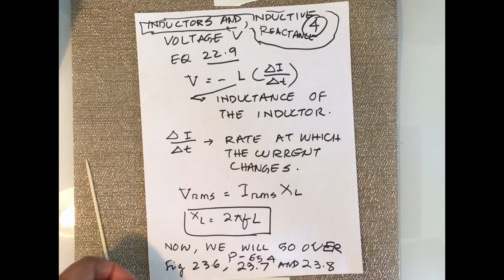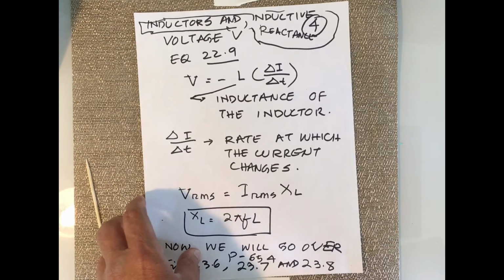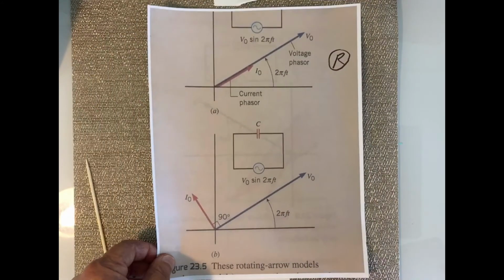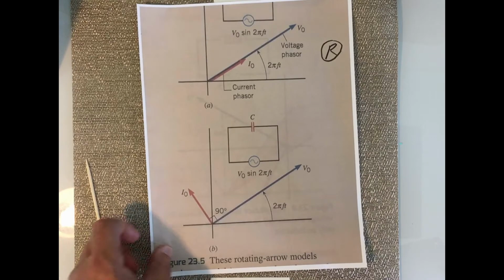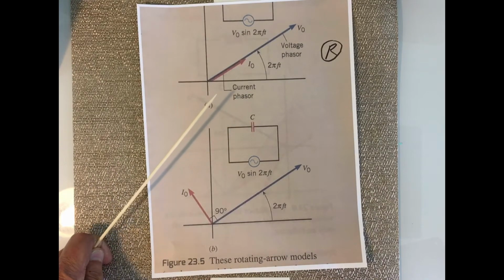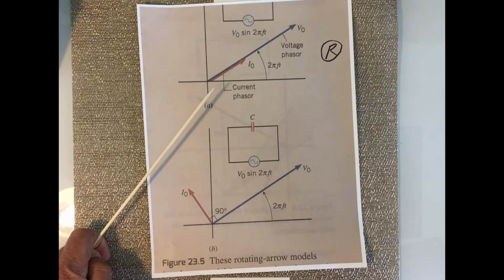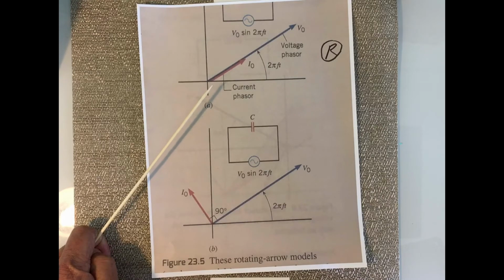Now let's go over the graphs. What happens to the reactance, which is inductive reactance? The graph on the top here is the simple resistance, where both the current and voltage are in phase.